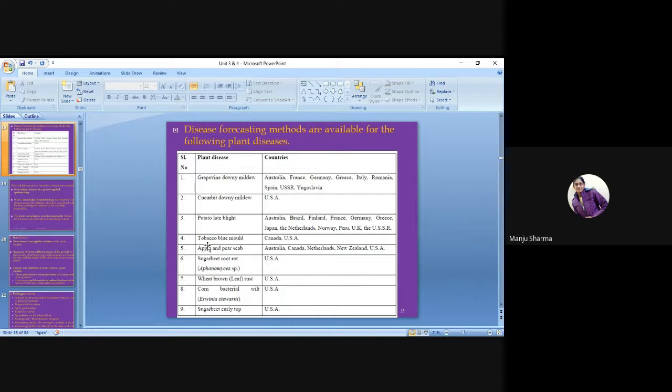Then cucurbit downy mildew in USA; potato late blight in Australia, Brazil, Finland, France, Germany, Greece, Japan, Netherlands, Norway, Peru, UK, and the USSR. Tobacco blue mold disease in Canada and USA.